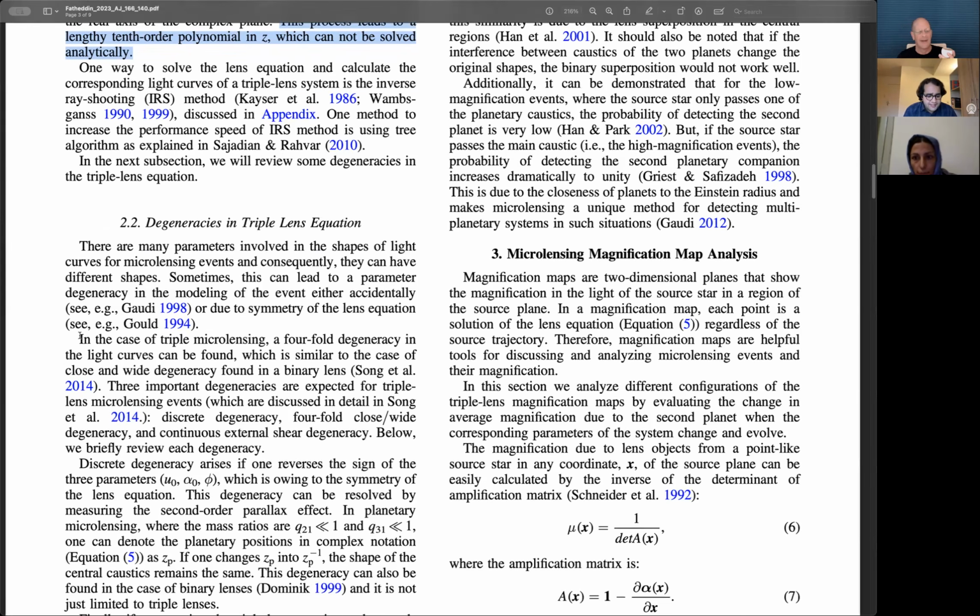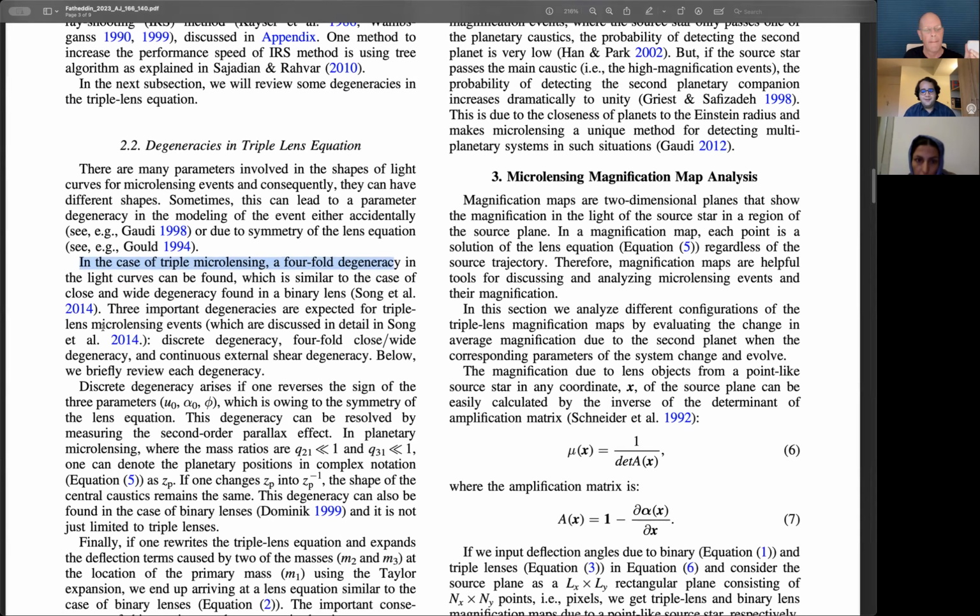These degeneracies include, for example, from the lens equation, the discrete fourfold close-wide degeneracy and the continuous external shear degeneracy, which we briefly explain in our paper.